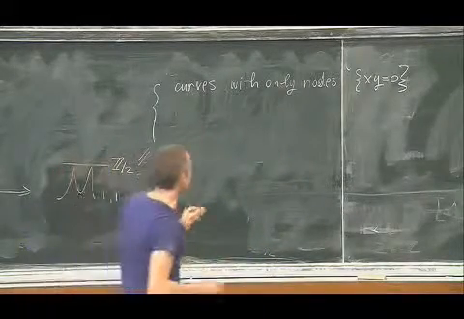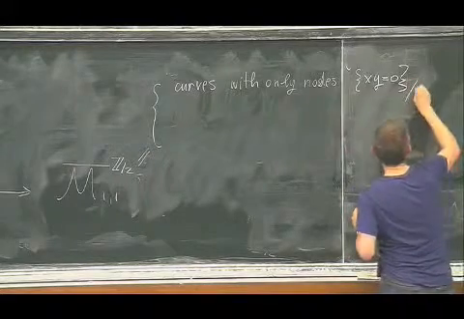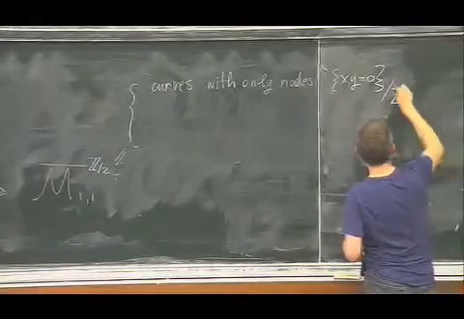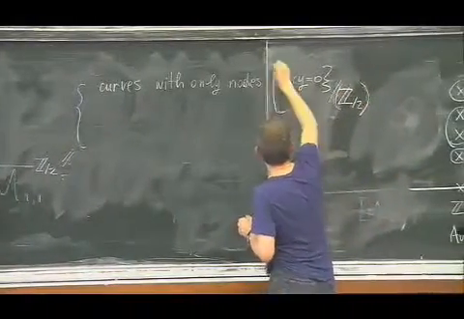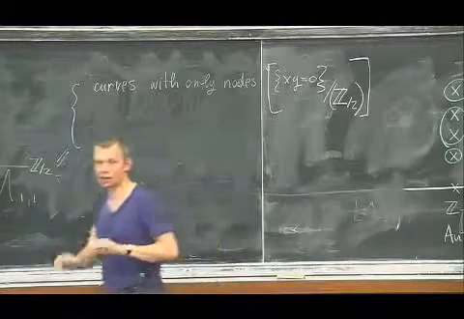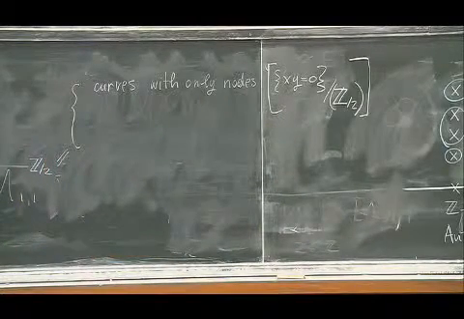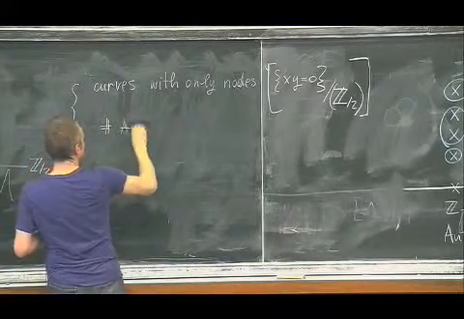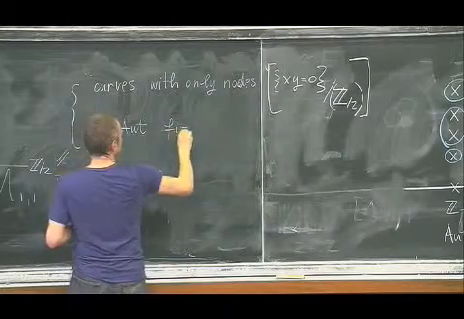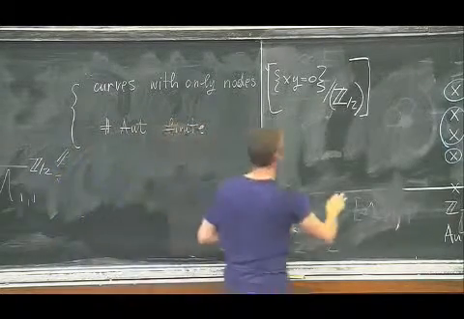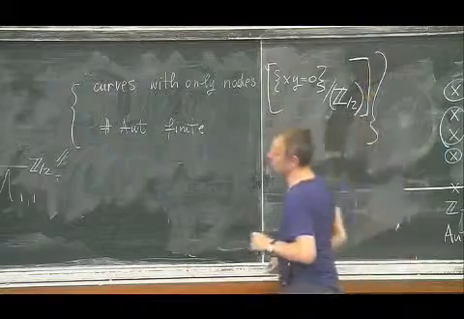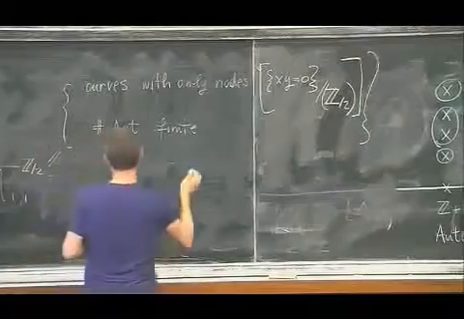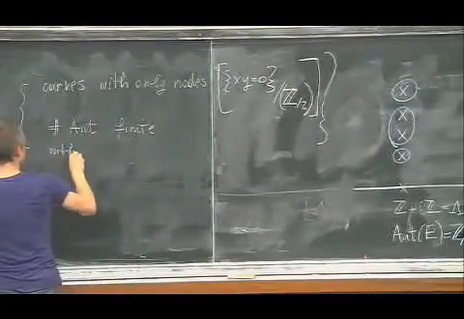Okay? So locally, they don't look like this, but they look like the quotient of this local picture of a node by Z2. And now I'm considering this chart around the node. Okay? Then I'm still requiring that the group of automorphism is finite. Okay? So, and I'm still marking points which are smooth and distinct. Well, in this case, there is only one marking.